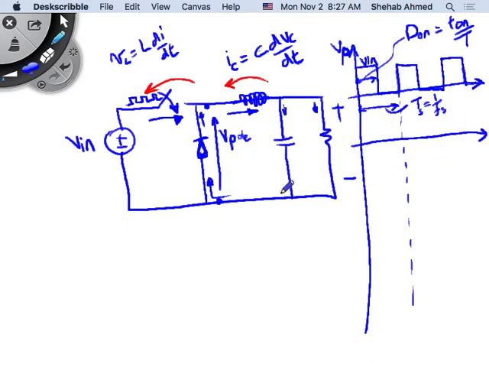If this is VP now, what is the function of this combination? It's filtering. This VP is a waveform that has AC component plus DC component. Do we agree? I would like to deliver as much of the DC component as possible to my output voltage.